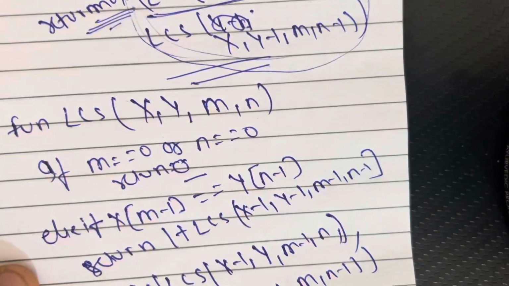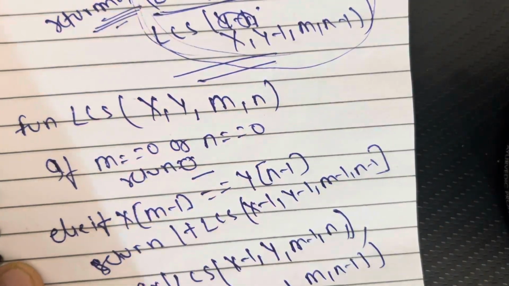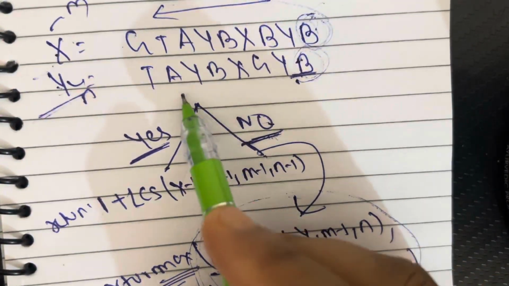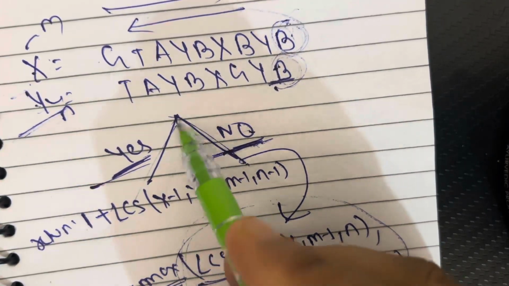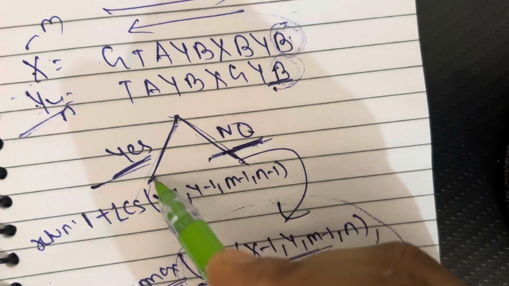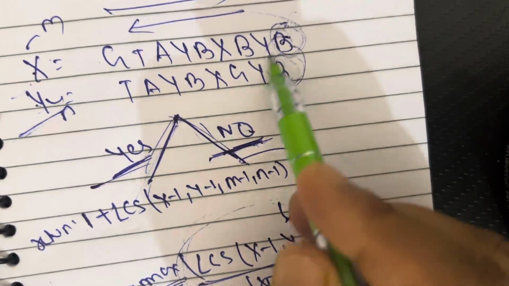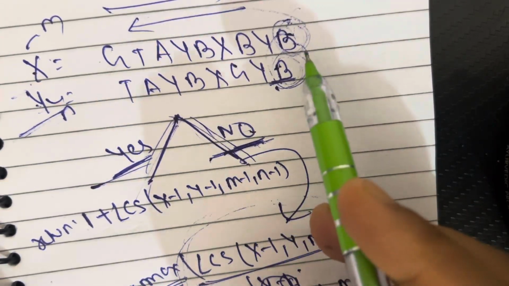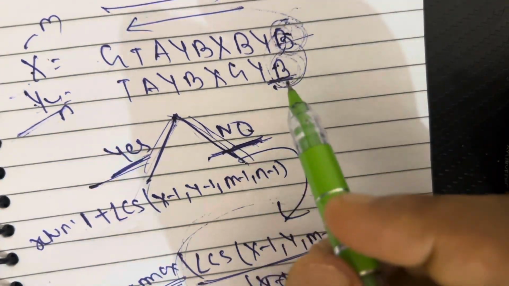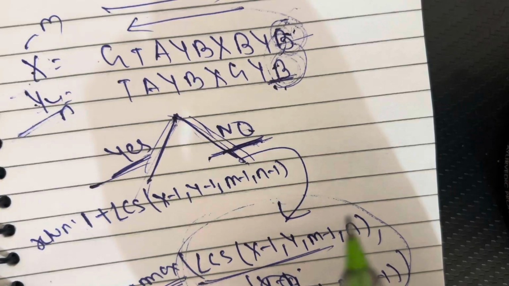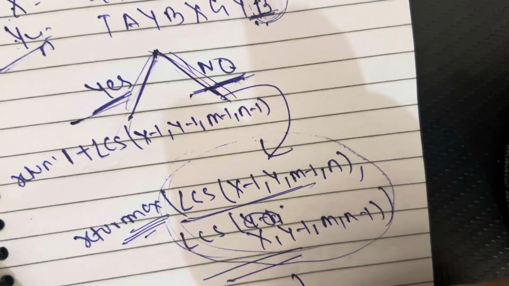So generally we call this whole problem a yes/no kind of problem. There are two ways: either the last characters of x and y match, or they do not match. So this is our naive approach.